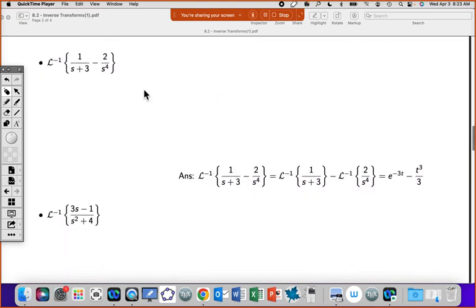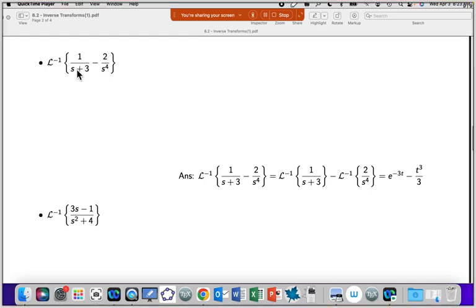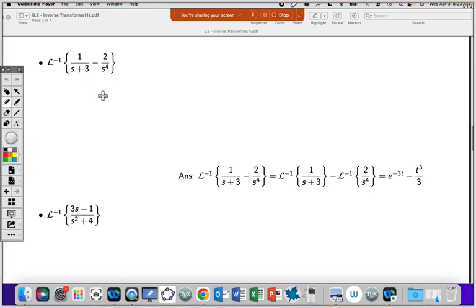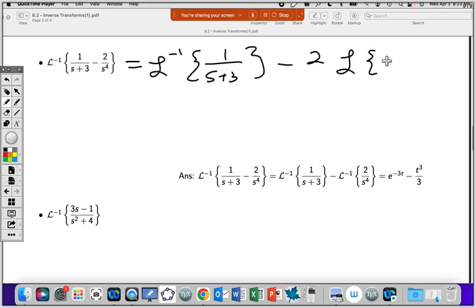All right, the next example here, we're taking the inverse Laplace of the difference of two functions, but just like the Laplace, the inverse Laplace is linear. So this can be the inverse Laplace of 1 over s plus 3 minus 2 times the inverse Laplace of 1 over s to the 4th. So now we think backwards.